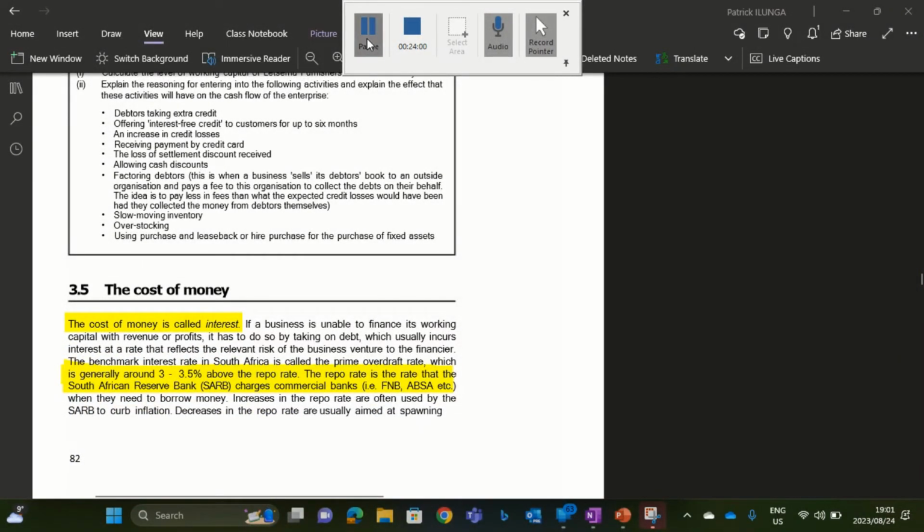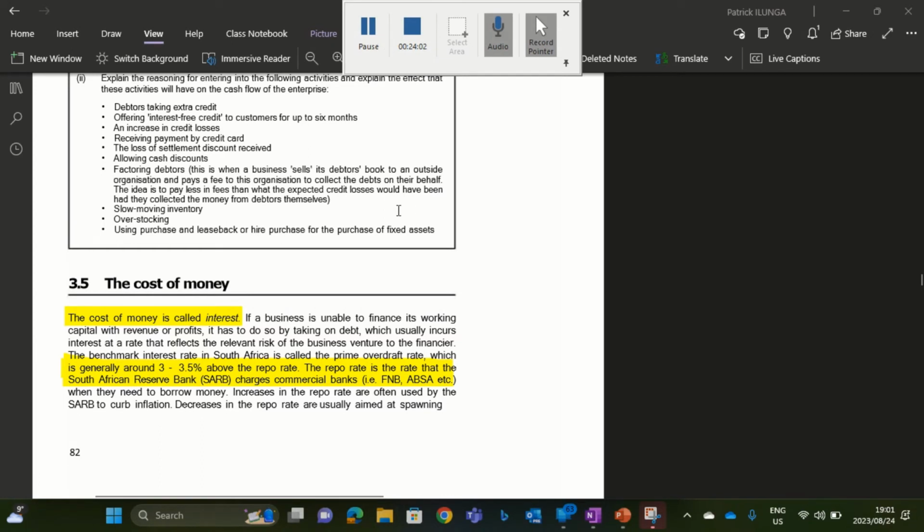I will move quickly to the cost of money because for time's sake. And when we are talking about the cost of money, we are talking about the interest, obviously, right? So you need to understand that we borrow from banks, and these banks also borrow from the South African Reserve Bank.